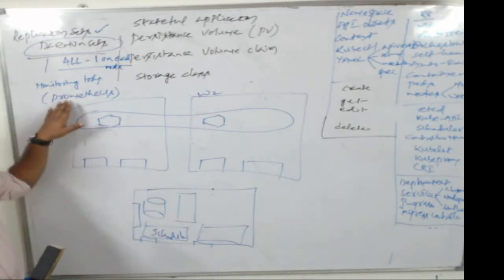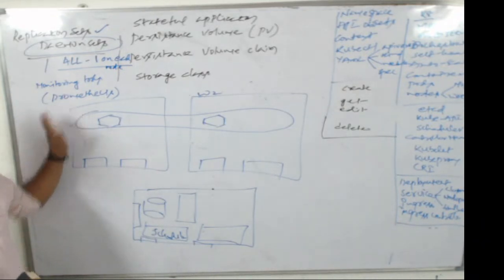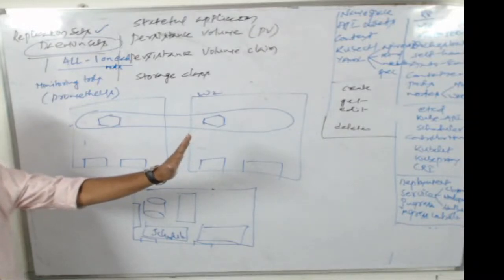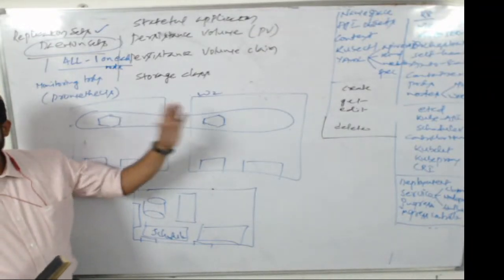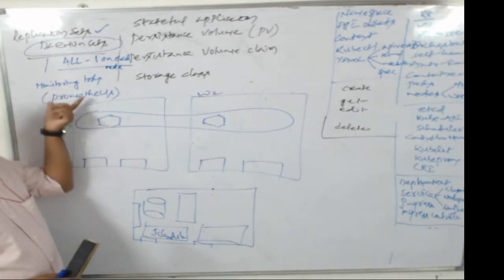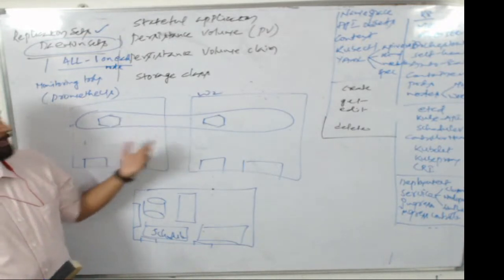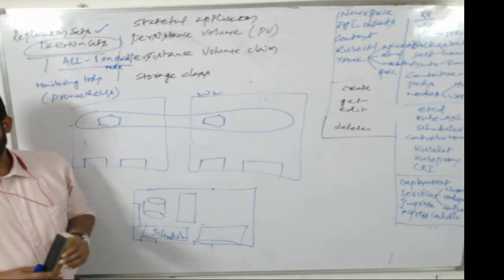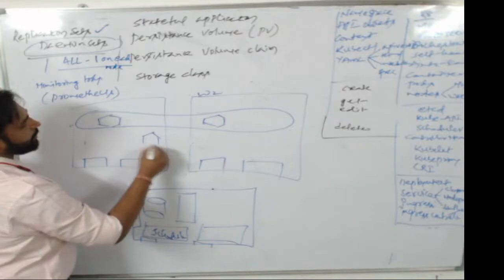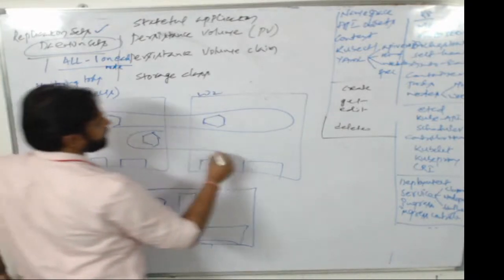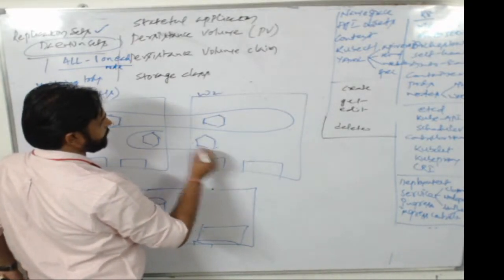So when we deploy this Prometheus monitoring tool to our Kubernetes cluster, our expectation is that we are able to monitor all our pods. This Prometheus tool itself is deployed as a Kubernetes application. So what happens here is there will be 1 pod here, then there will be one pod here.